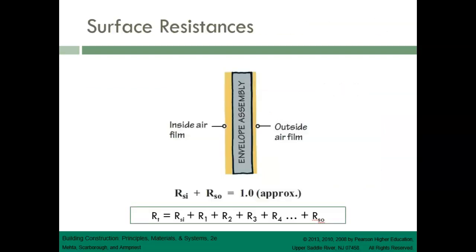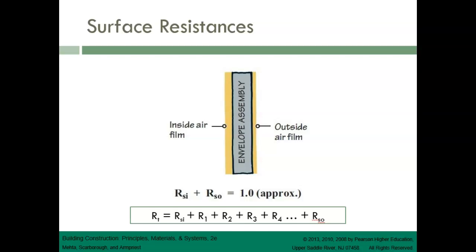In addition to the layers of solid materials comprising an assembly, there are 2 invisible layers that contribute to its R value. These layers are thin films of air of nearly zero velocity that cling to the inside and outside surfaces of an assembly. Because each air film has certain thickness, it increases the total R value of the assembly.